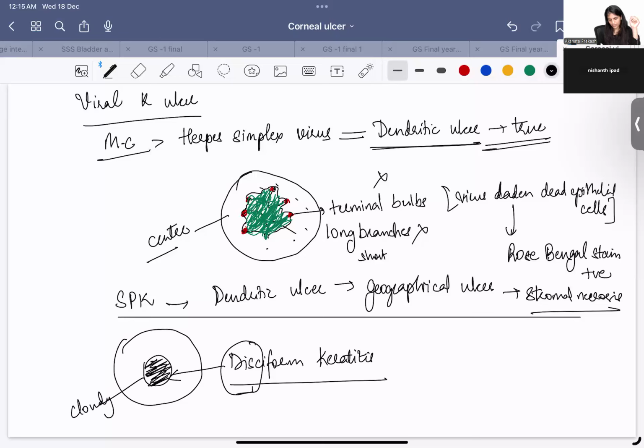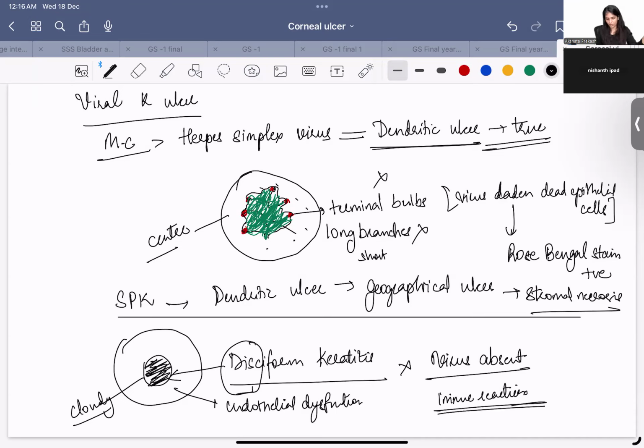Because there is endothelial dysfunction at that particular area. So it fails to pump out the aqueous from the stroma. That's why the aqueous enters into the stroma and it hydrates. So that is why it is appearing cloudy. But nowhere is the virus present. Virus is typically absent because it is just your immune reaction.